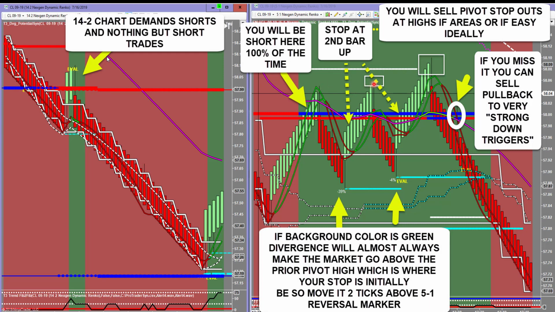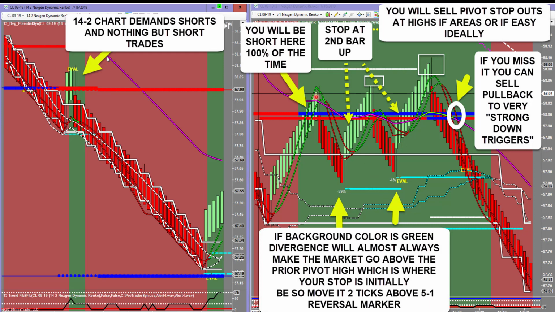In this case, it's not, but if you go short again, you're short because the large chart says you're going down, but you have a divergence potential and you get out after the second bar up, knowing that they're going to stop out the high again, at which time you can use your market flow or go short after the triggers roll over. And you'll catch the move eventually, but this is a very, very typical scenario.